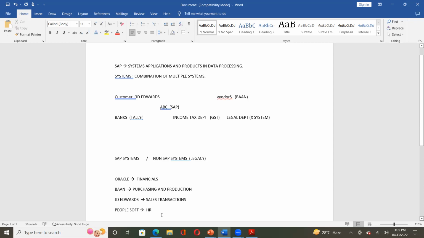So my organization, as I said, when compared to SAP, these softwares or systems are relatively cheaper. But if in my ABC organization I am using these different softwares, what would be the disadvantage?